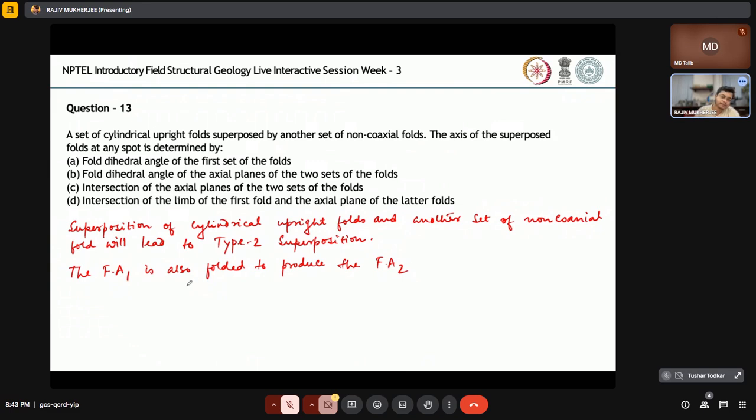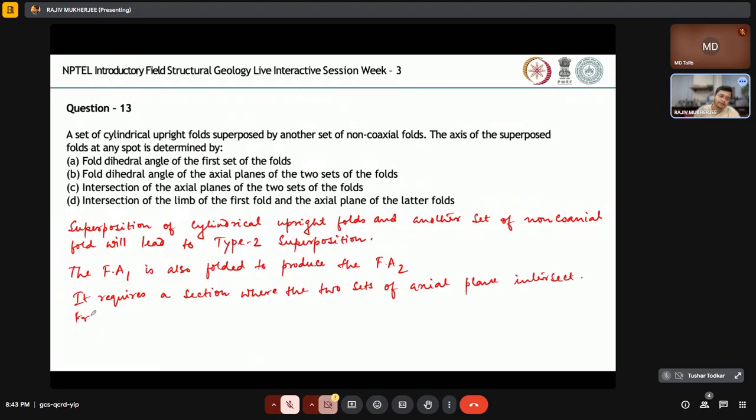Therefore, it requires a section where the two sets of axial planes intersect.